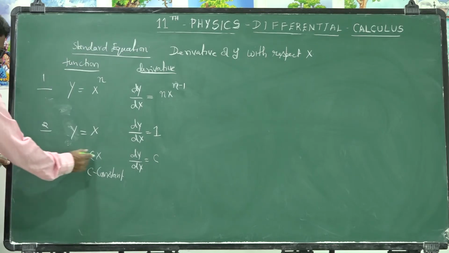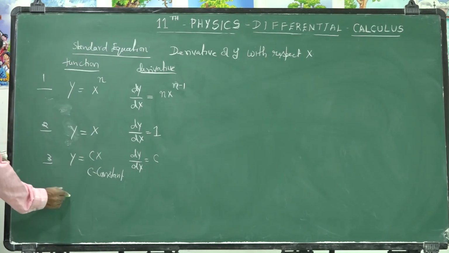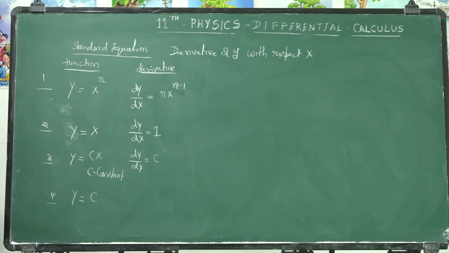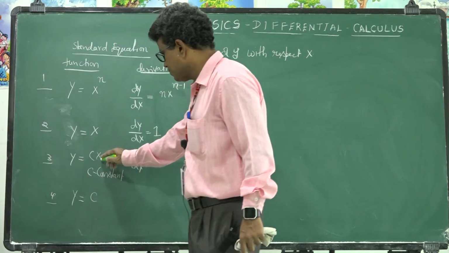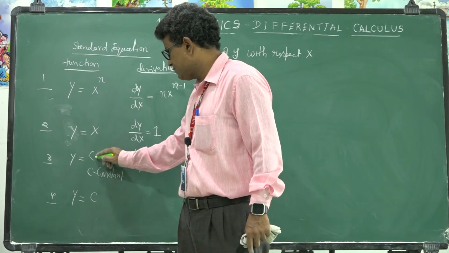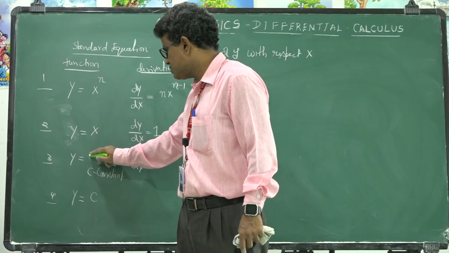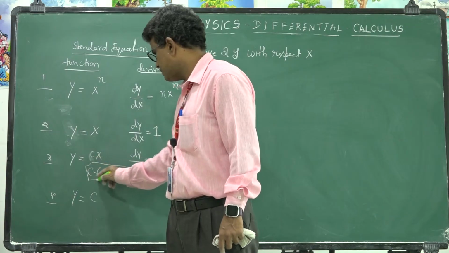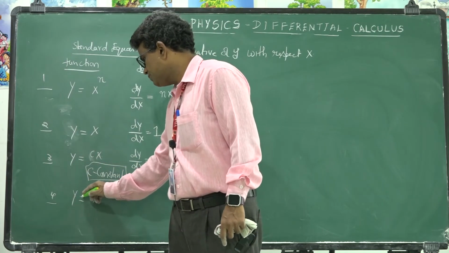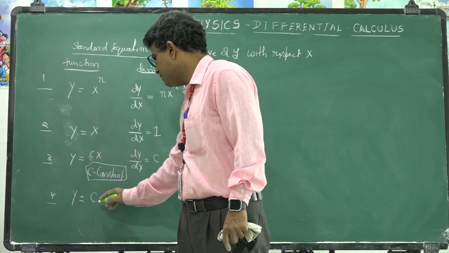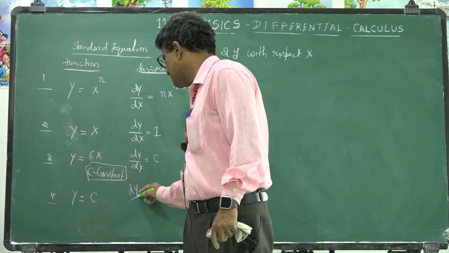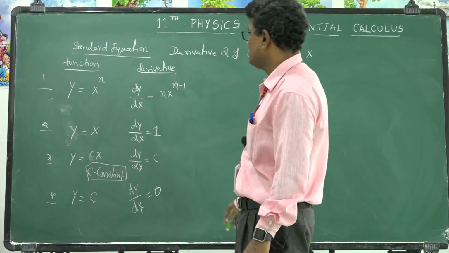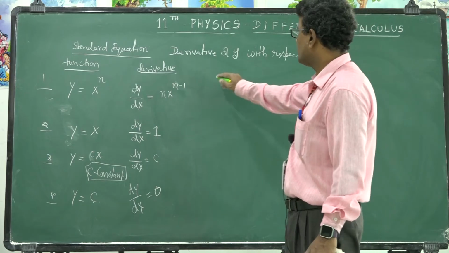If there is only a constant and no variable, then dy by dx is 0. So this is the fourth formula.